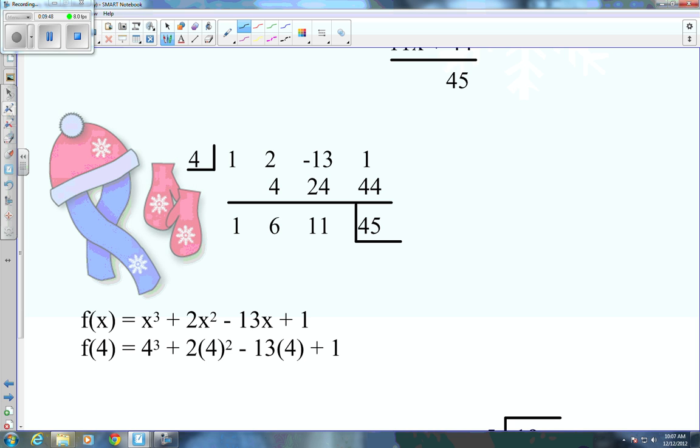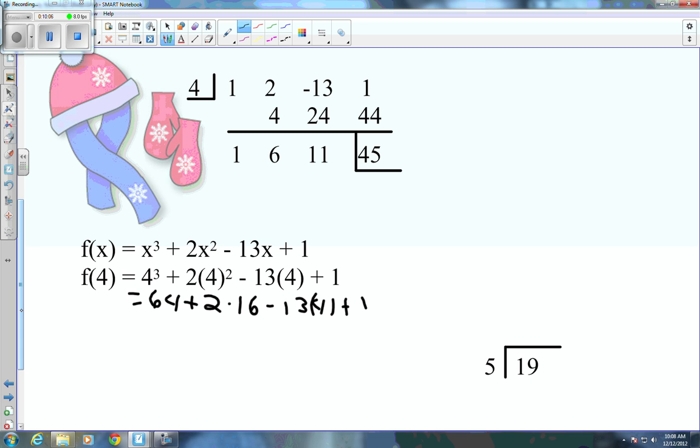f of 4. Okay, what's 4 to the third? 64. Plus 2 times 4 squared, minus 13 times 4, plus 1. Okay, then do the multiplication.